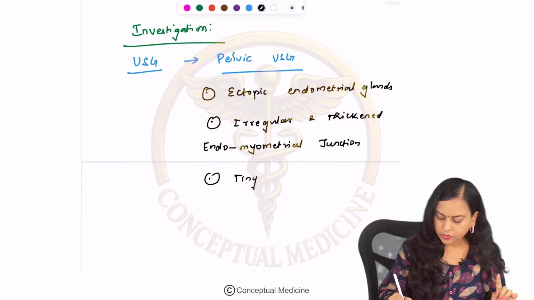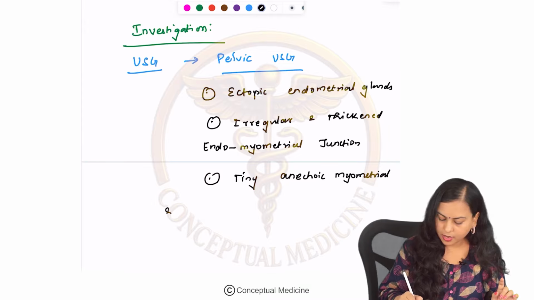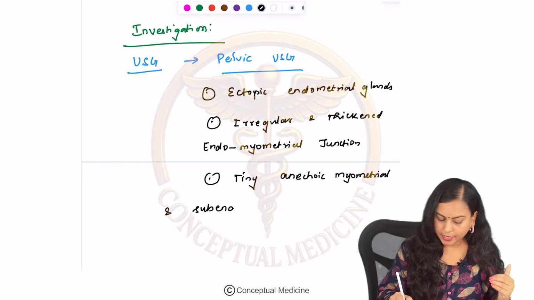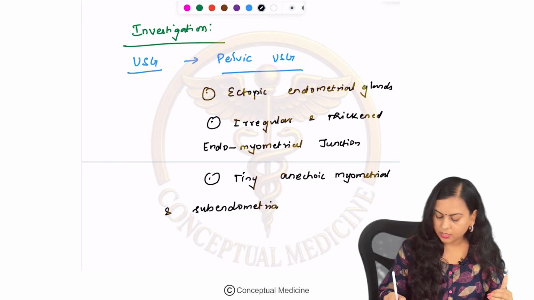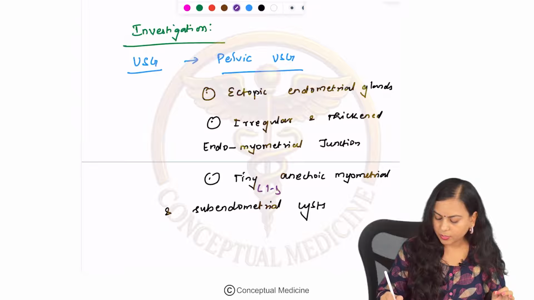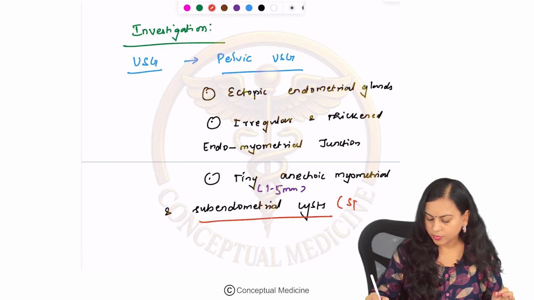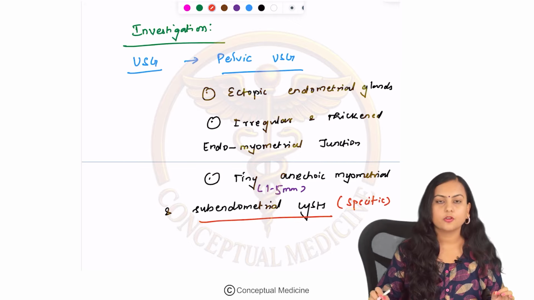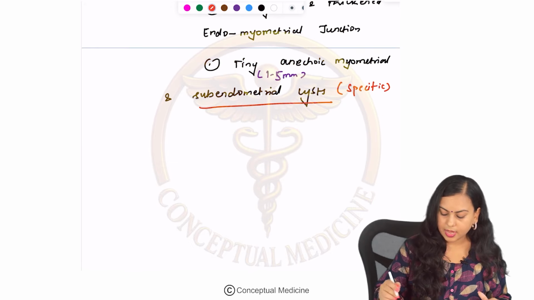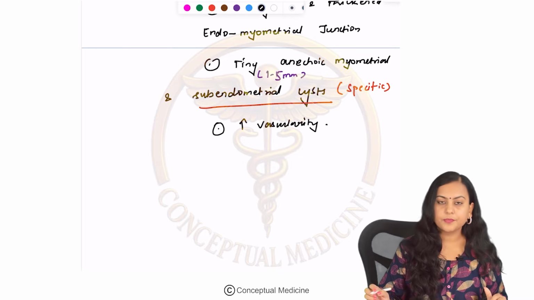Then you will also see tiny anechoic myometrial as well as subendometrial cysts as well. Okay, so tiny means this can be between 1 to 5 millimeter, and the subendometrial cyst is going to be more specific for adenomyosis, right? And there is also increased vascularity. Clear? Yes.